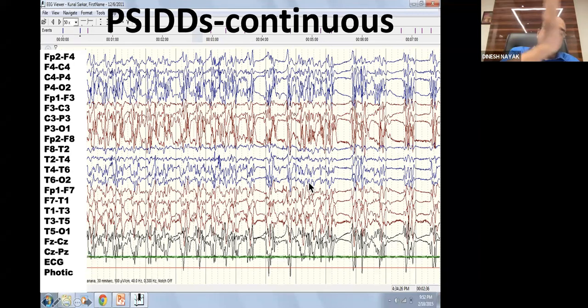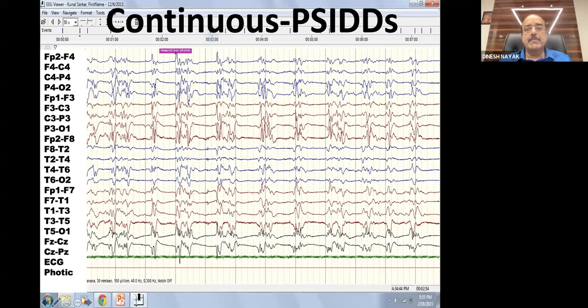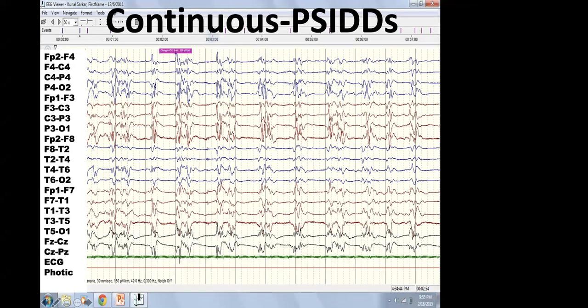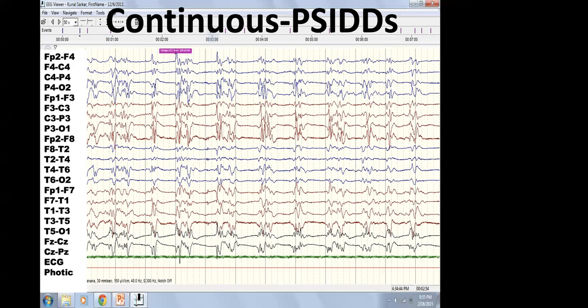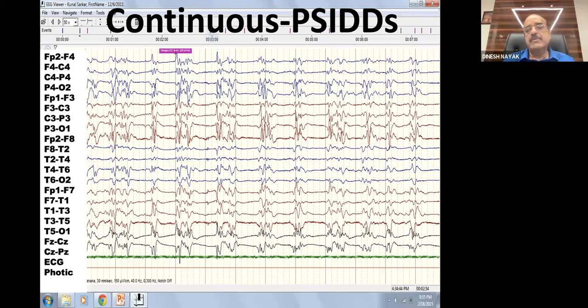So it started off as periodic, then became continuous, then very continuous, then again starts breaking, and again becoming periodic. So this is the dynamicity of the brain: periodic to continuous, continuous to periodic. That all depends on the excitatory to inhibitory mechanisms, which keep changing over time.